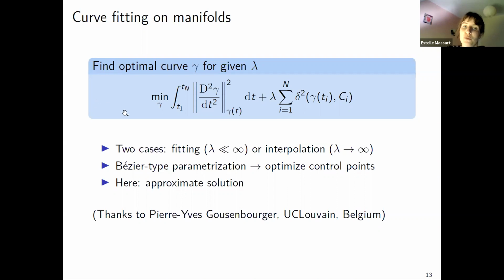So essentially, if you want to directly optimize the control points, it's a bit tricky. What Pierre-Yves was doing at that stage of his research was to take the optimality condition in the Euclidean setting and transfer it to the manifold directly.